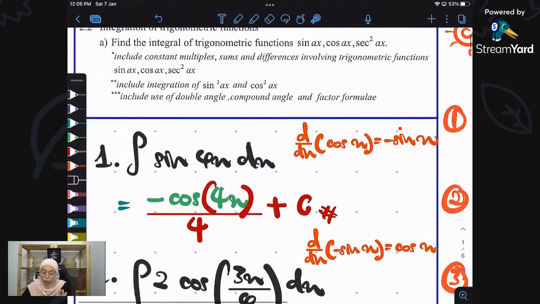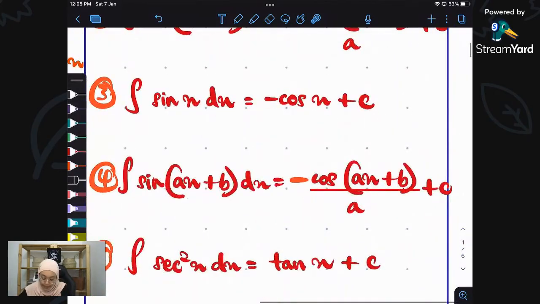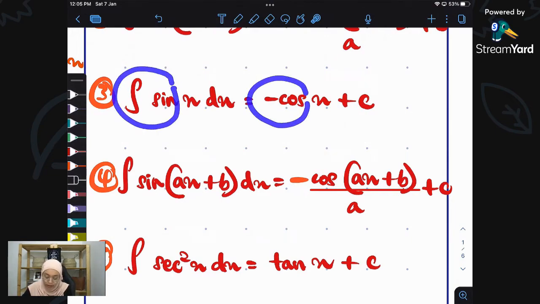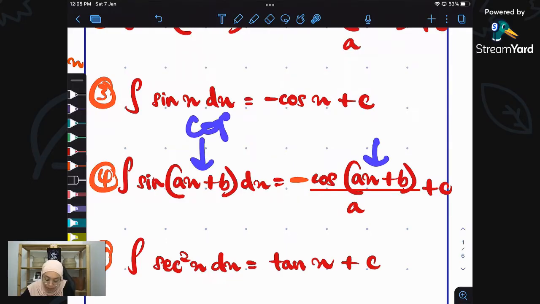Let me show you the formula. Whenever we integrate sine, the answer is negative cos. Always there, always like that. That is the formula, we just use it. And when there is a linear inside, we only copy and paste the linear.